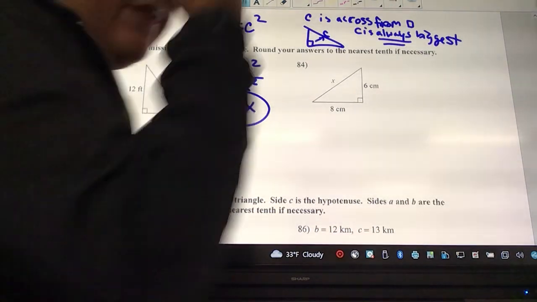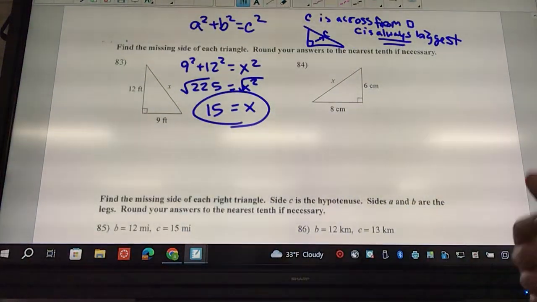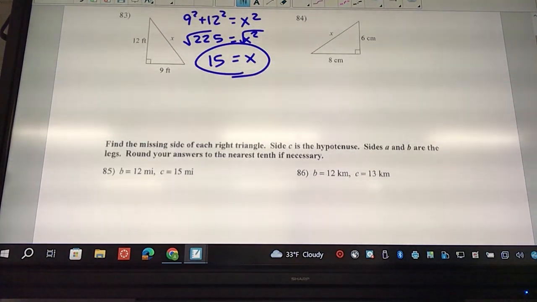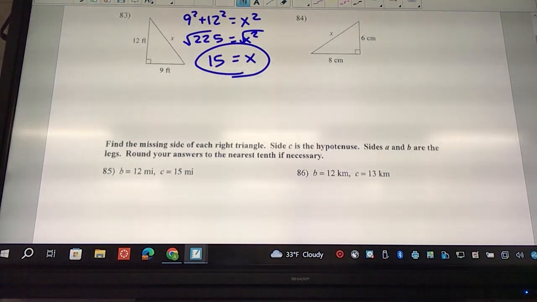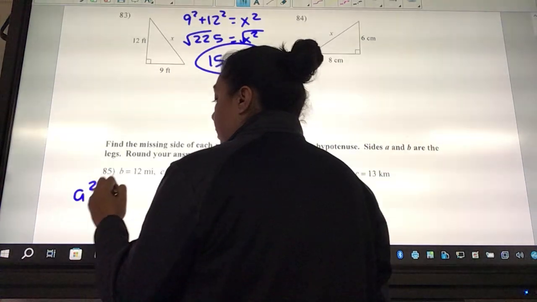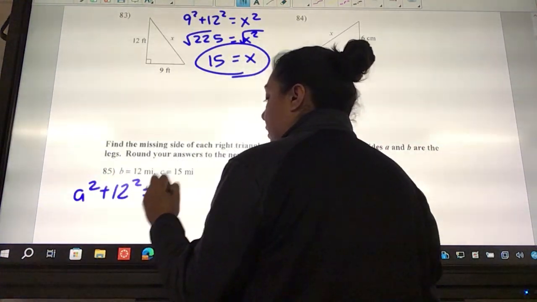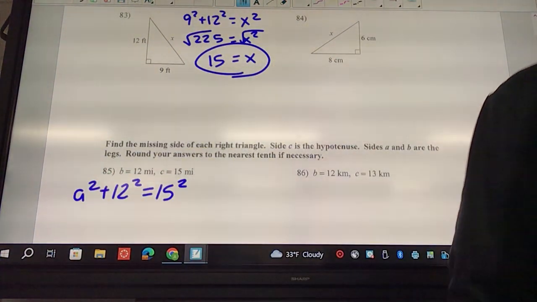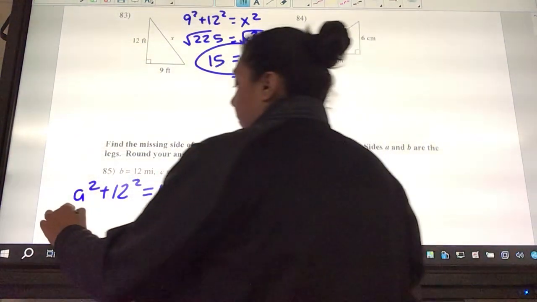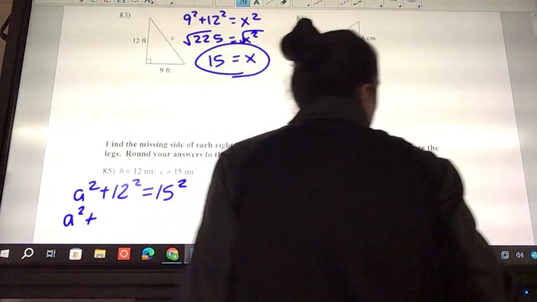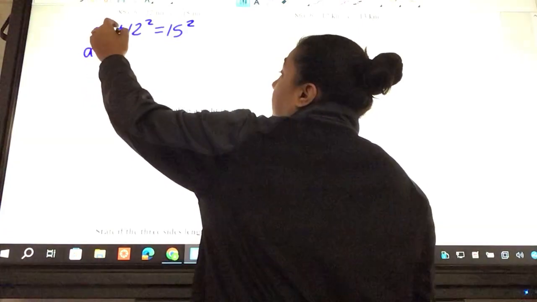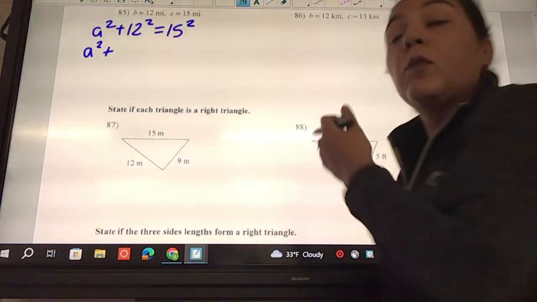Okay, if we look at 85, what's missing? A, B, or C? A. So we've got A squared plus 12 squared equals 15 squared. What is 12 squared? 144.